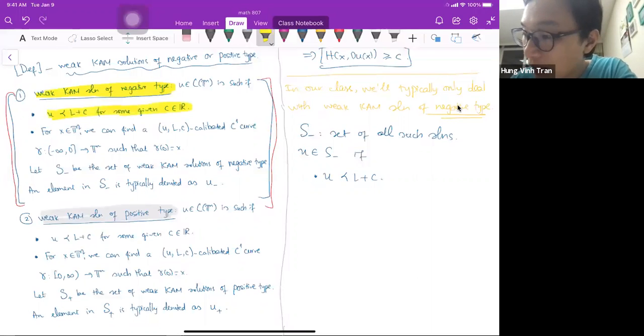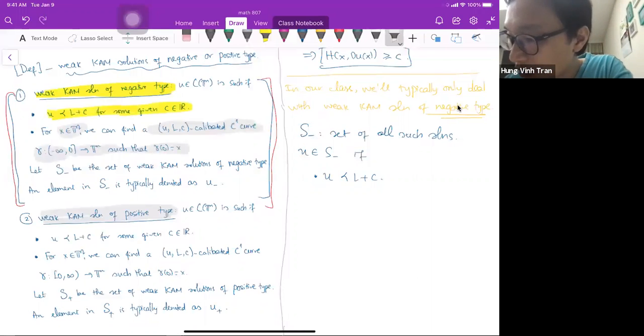And then the second point, which is really interesting, is that for any point x in the torus, we can find a u, L, c calibrated C1 curve going from minus infinity to 0, having gamma of 0 equal to x.